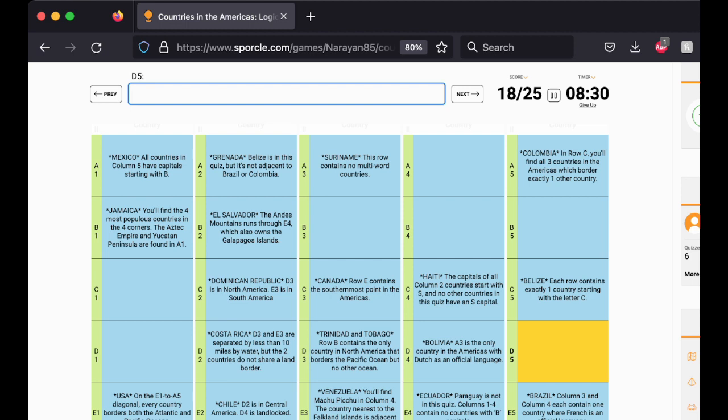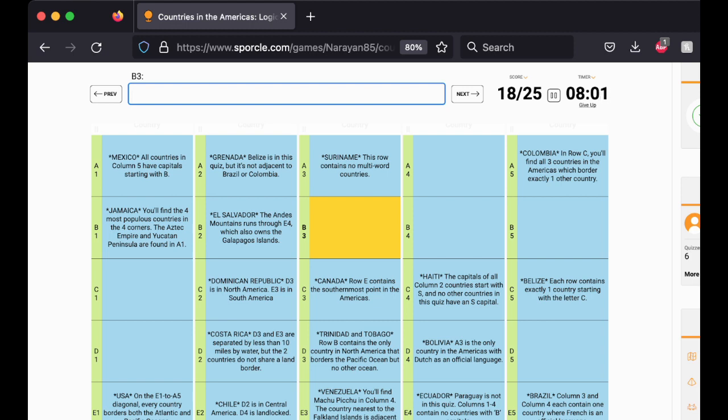Each row contains, so that's Nicaragua or Panama. So that means there has to be a C country. Now there's Cuba. Now Cuba's capital is Havana. I'm trying to think if there's any other C. Is there any other C? Chile, but we've already had Chile here.